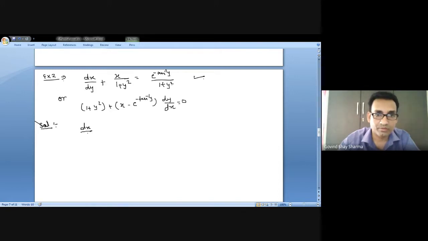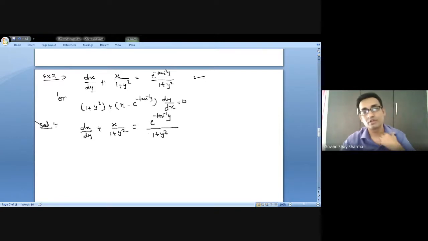dx upon dy plus x upon 1 plus y square. Here you see that y is the independent variable and x is the dependent variable.